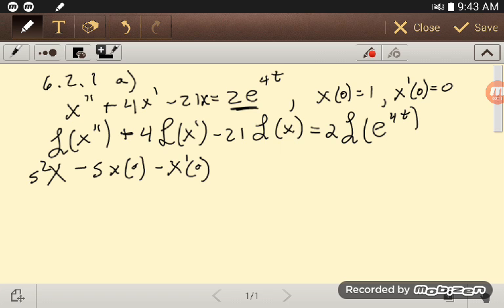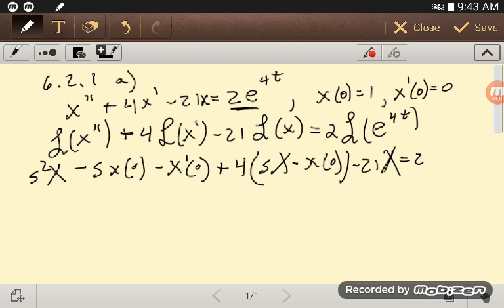So there's some initial conditions there, plus 4 times, remember your parenthesis, s times capital X, the Laplace transform, and then minus just the x of 0, and then minus 21 Laplace transform of x, and then that equals 2.